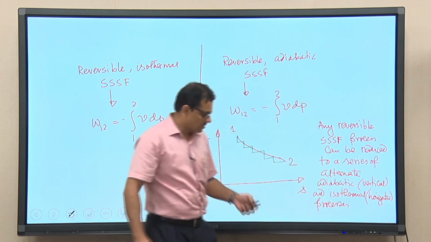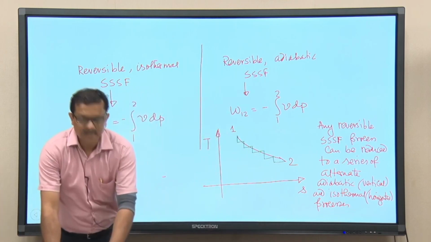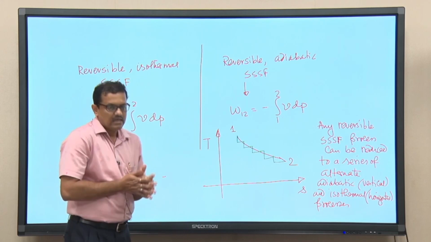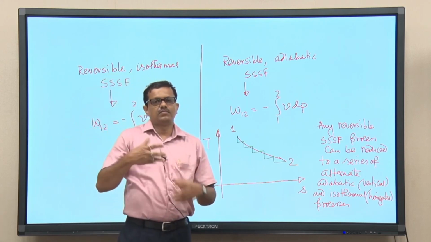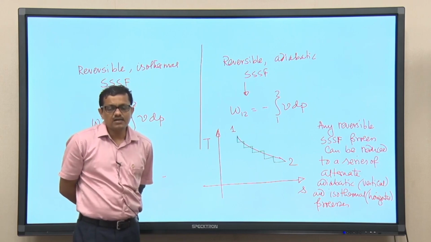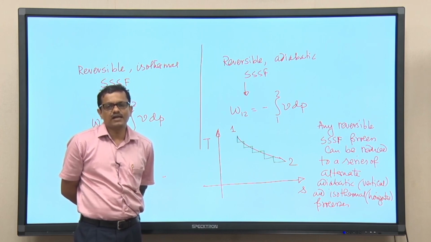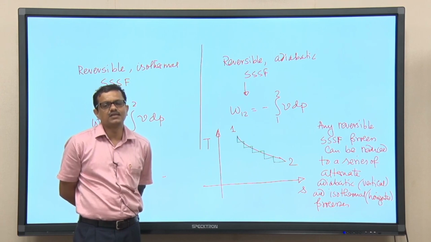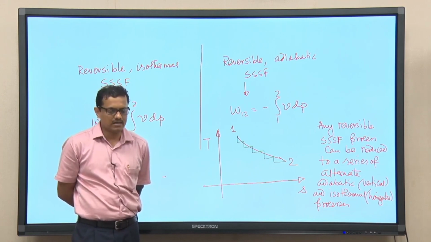Okay. So, if we try to summarize, we have discussed the mathematical expression of the work done for both the steady state steady flow reversible isothermal and adiabatic processes, and we have seen that the mathematical expression is the same no matter whether the process is isothermal or adiabatic.